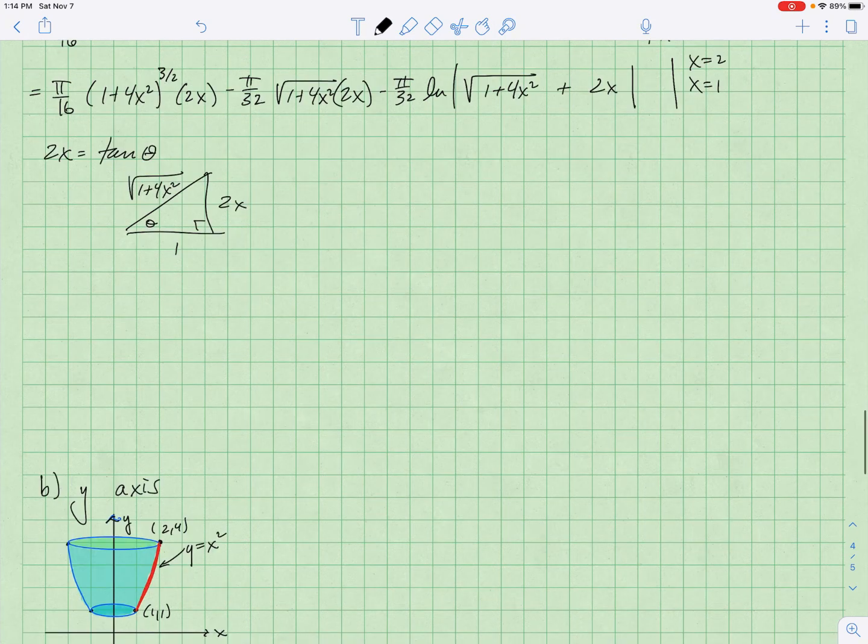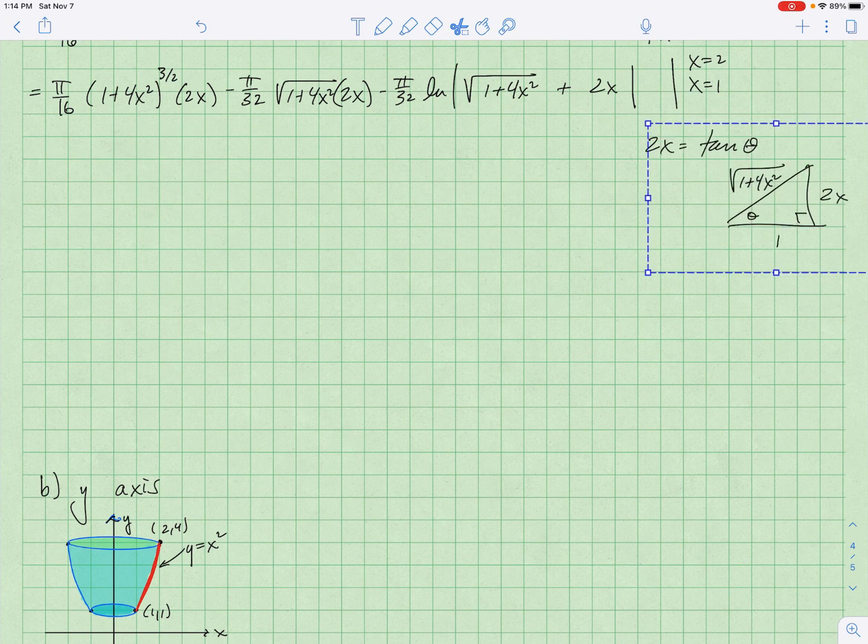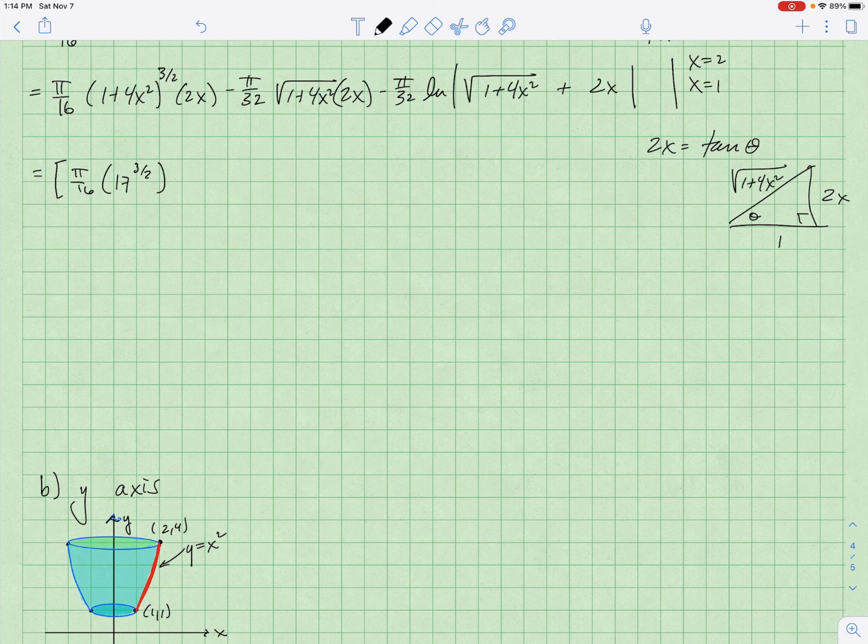Let's plug some of that garbage in, shall we? Let's see, when we plug in 2, we're going to get pi over 16. 2 squared is 4 times 4 is 16. 17 to the 3/2 power times 4 minus pi over 32 times the square root of 17 times 4 minus pi over 32 times the natural log of the square root of 17 plus 4, which could be cleaned up a little bit, but come on now.